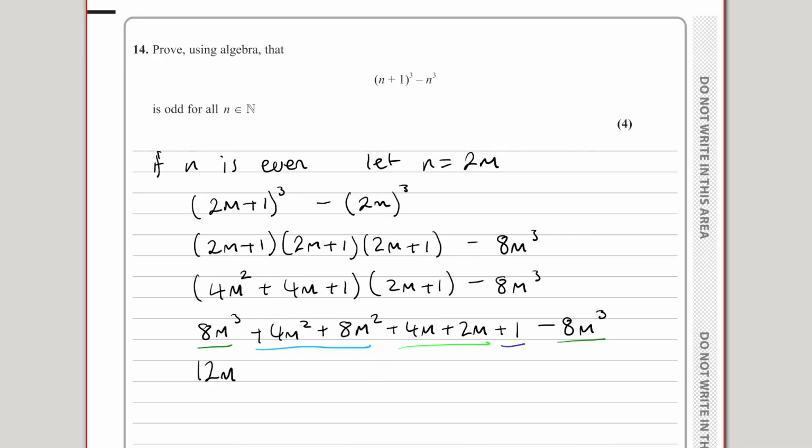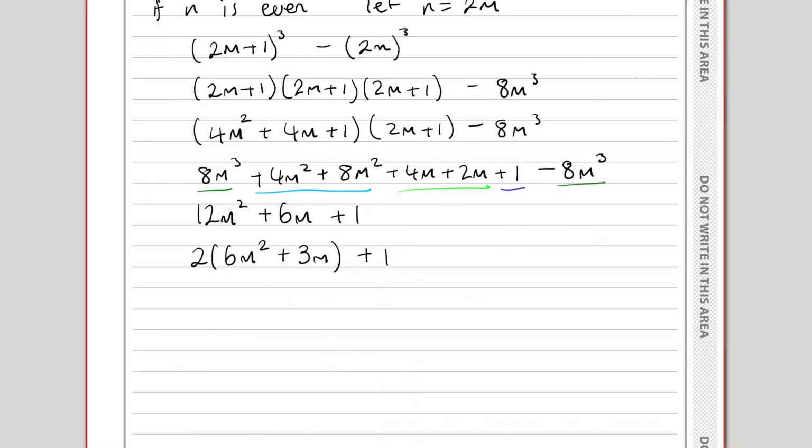So 12m² + 6m + 1, and that is odd because my first two terms are even, and an even plus 1 is odd. So even plus 1 is odd. So that's odd.